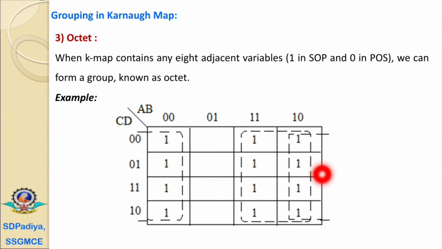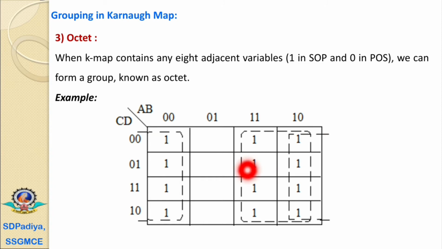Therefore, as per the third rule, every adjacent column and adjacent row, here this first column and the last column, we can consider adjacent. Therefore, we can form a group of the first column's 4 cells and the last column's 4 cells as a group of 8 cells, that is a group of 8 variables, and that's called an octet.